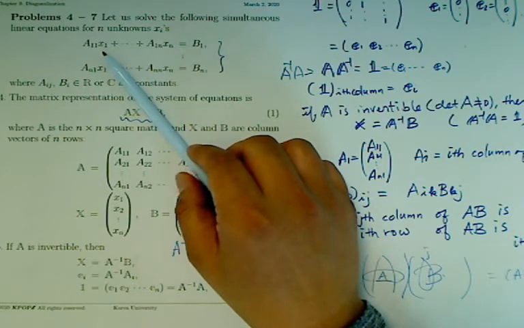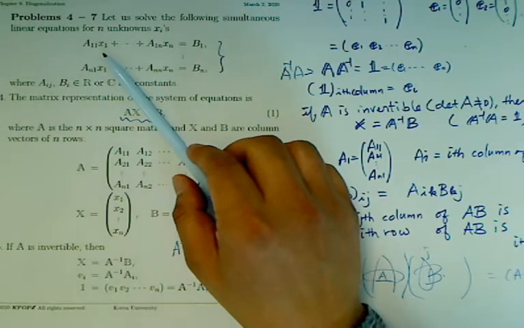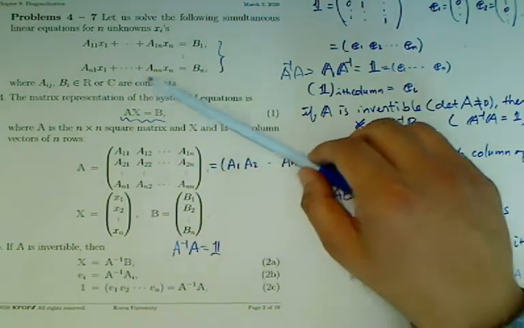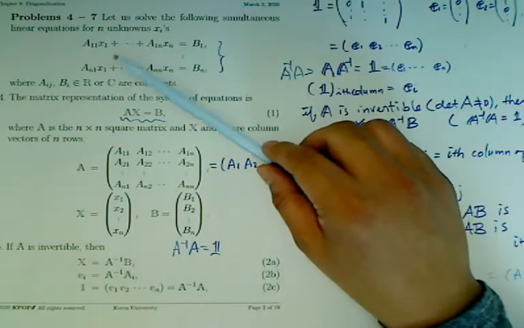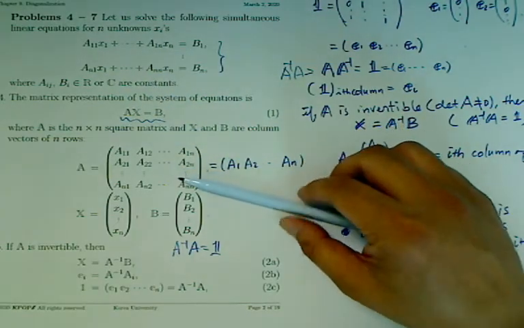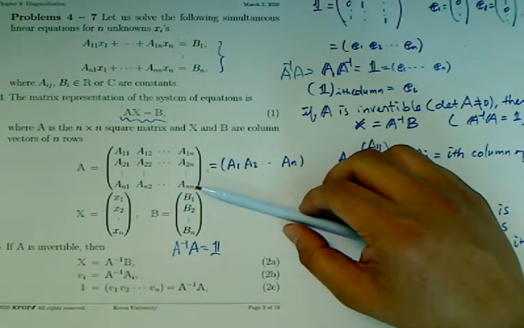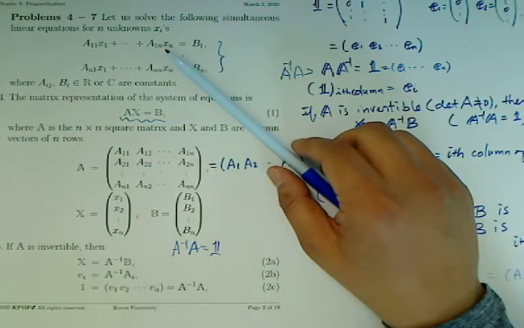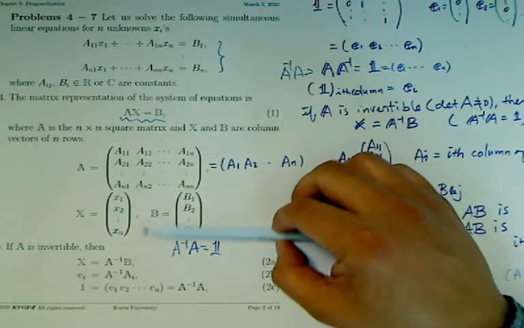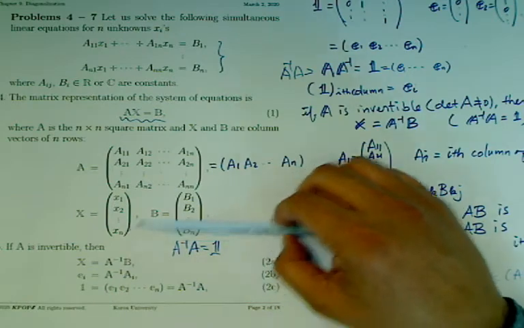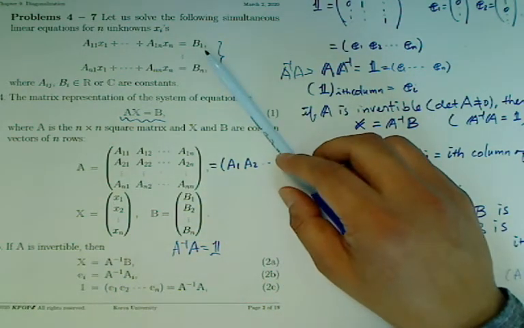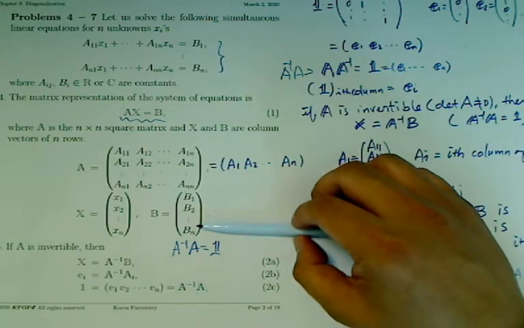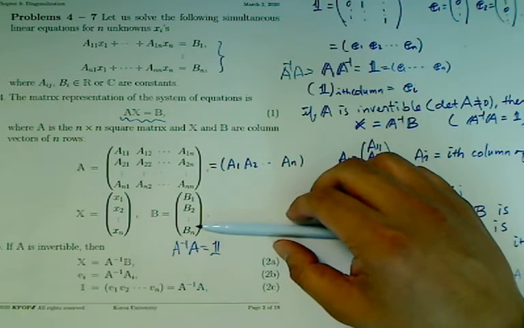We can rewrite this in matrix form, and the coefficients are collected to construct an n by n matrix. The unknowns x1 to xn can be collected into a single column vector, and the right hand side can be collected into a single column vector b.